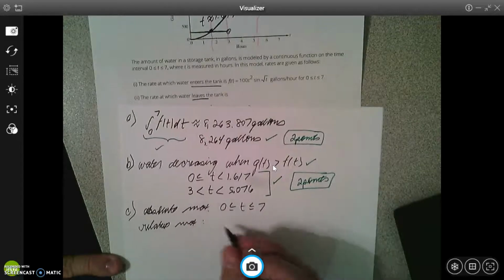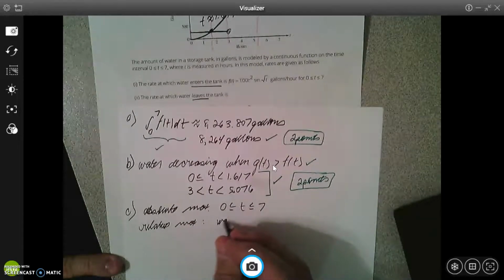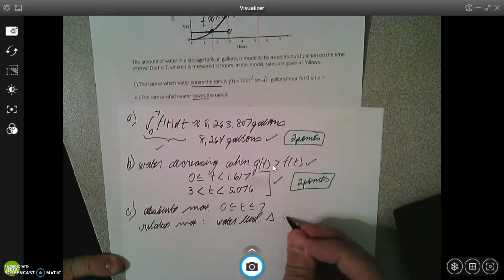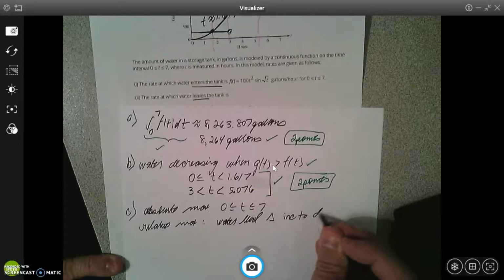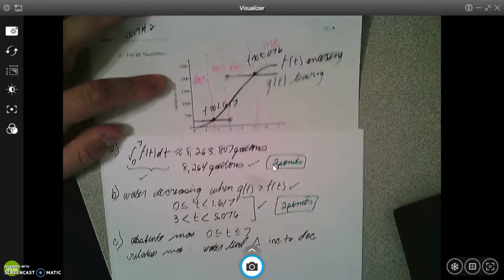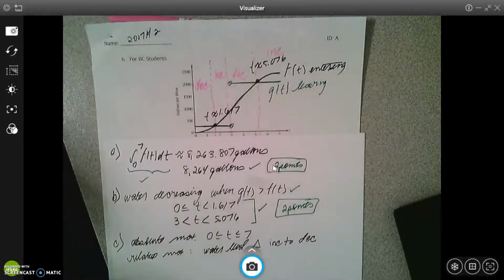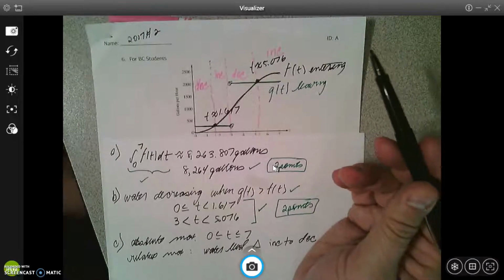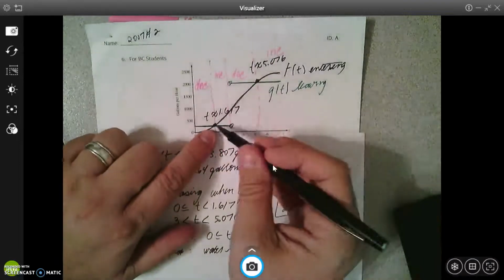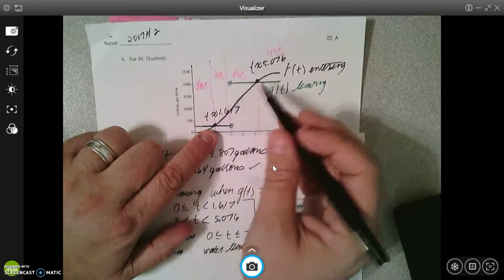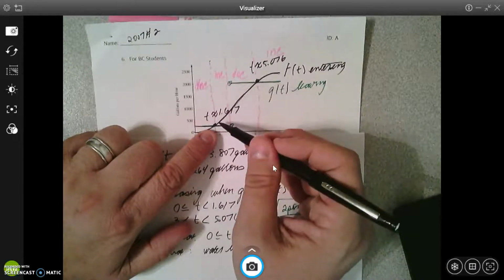A relative max is going to be where the water level changes from increasing to decreasing. Well, let's look at our graph. When does the water level change from increasing to decreasing? A lot of folks, myself included, when I first saw this problem, focused on the intersection points, because a lot of the problems that we've done, the intersection points are our candidates.